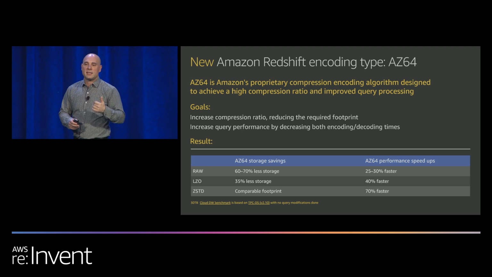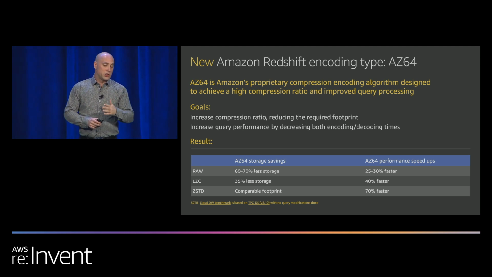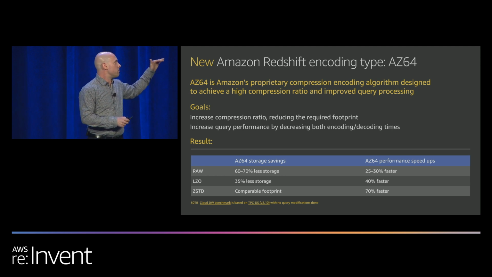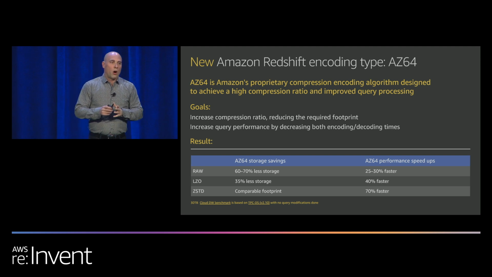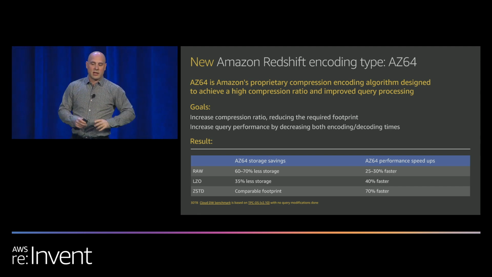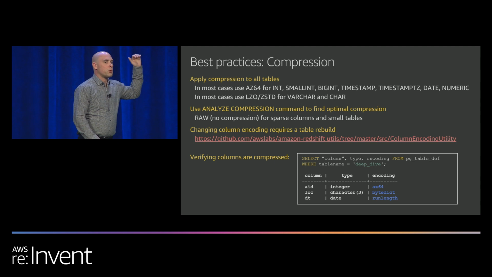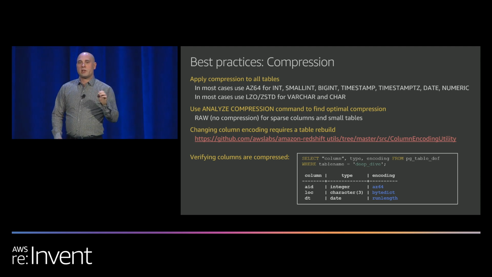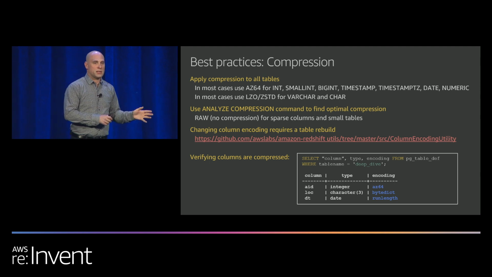And so this new AZ64 is able to beat both of them, especially on the performance side, and it's able to match Z-standard for compression footprint. It works for all of the integer data types, so integers, big ints, small ints, dates, timestamps, etc. The nice thing now that we have this new encoding type is that I can give you a recommendation that says if you have one of those data types, you almost always want to use this encoding type.